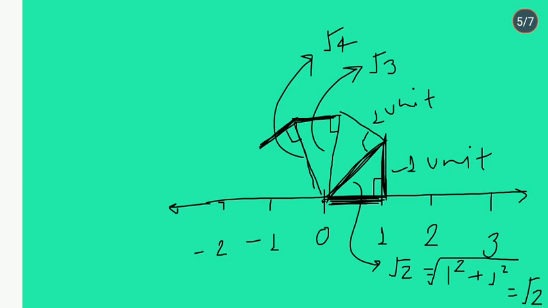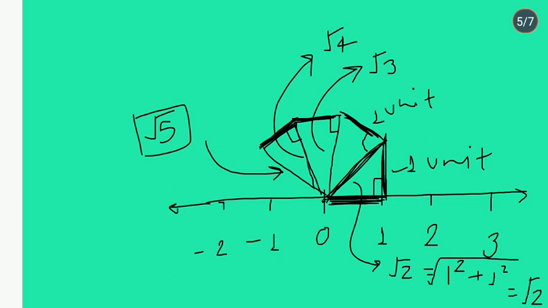This is 1 unit, this is also 1 unit, this is also 1 unit, so this will become root 5. So by following this you can solve this question.